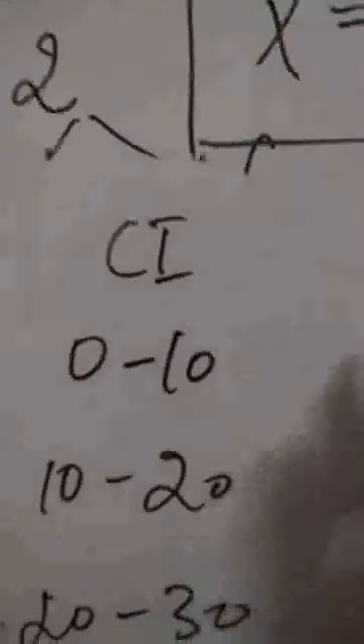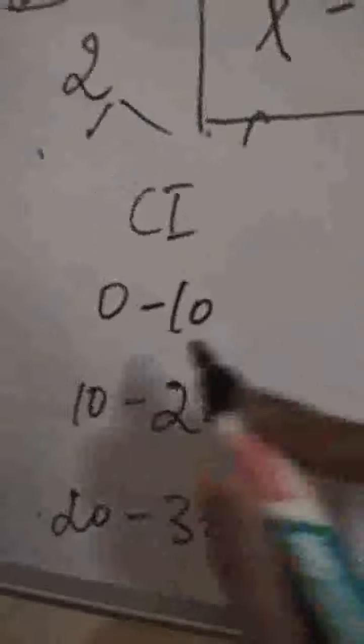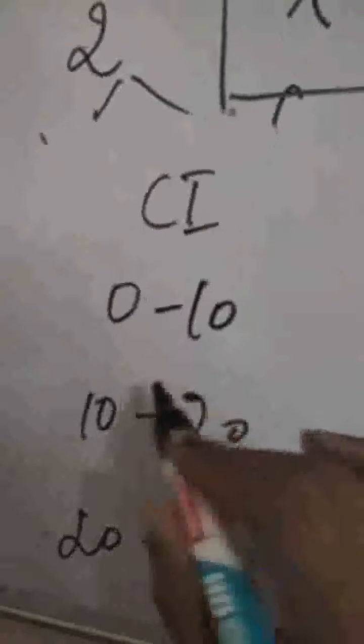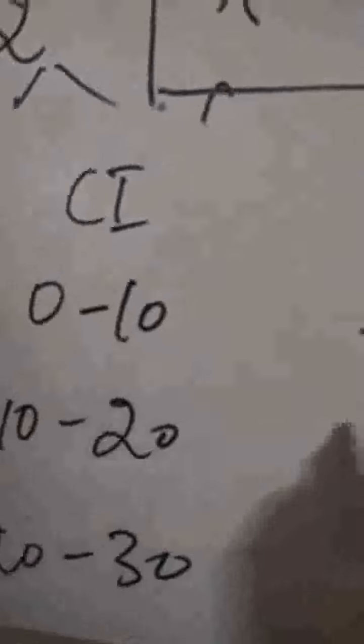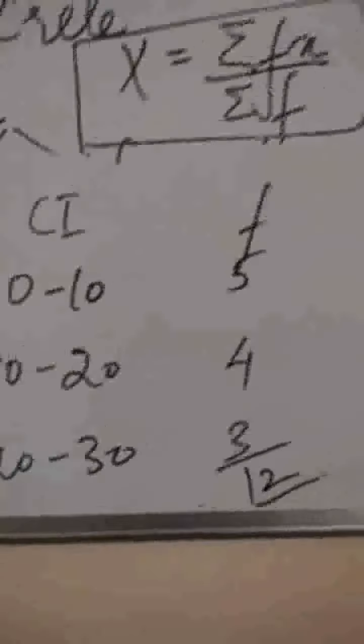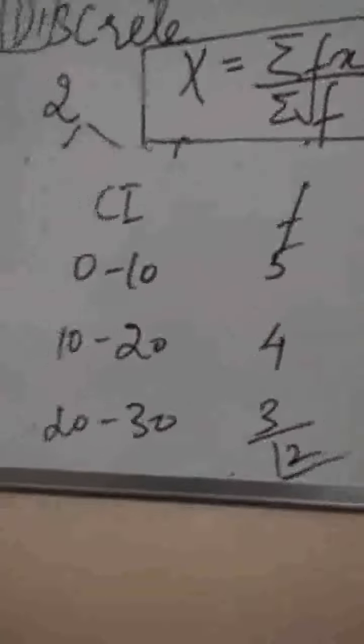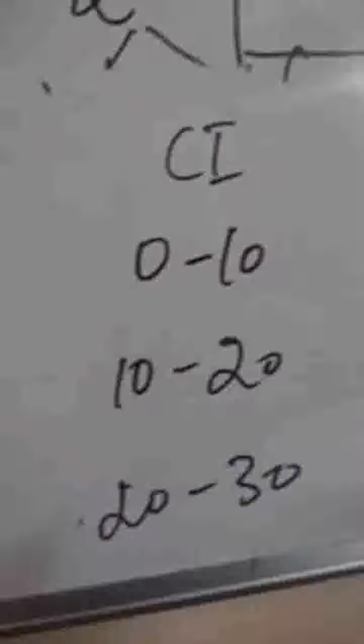So in 0 to 10, if we say that there is a frequency of 5 children, that means 5 students are getting marks in the range of 0 to 10. Here we can take the same information, 5, 4 and 3, just to ease the calculation. Again it comes out to 12. Now when we have this class interval, it cannot be multiplied, right?